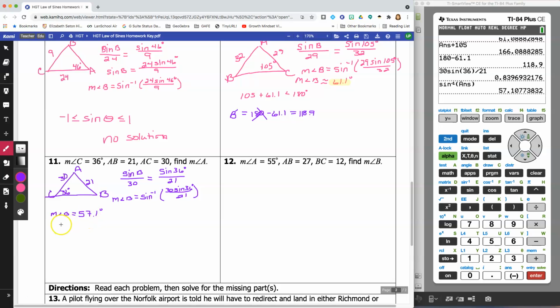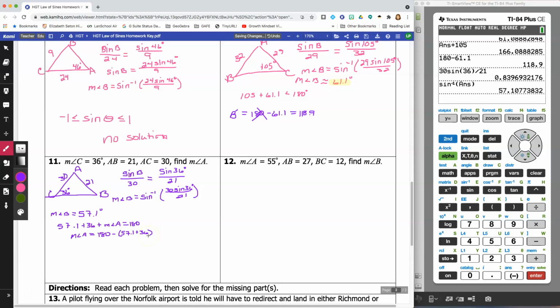And 57.1 plus 36 plus the measure of angle A has to equal 180 degrees, right? So then what I know is that the measure of angle A has to equal 180 minus the sum of 57.1 and 36.